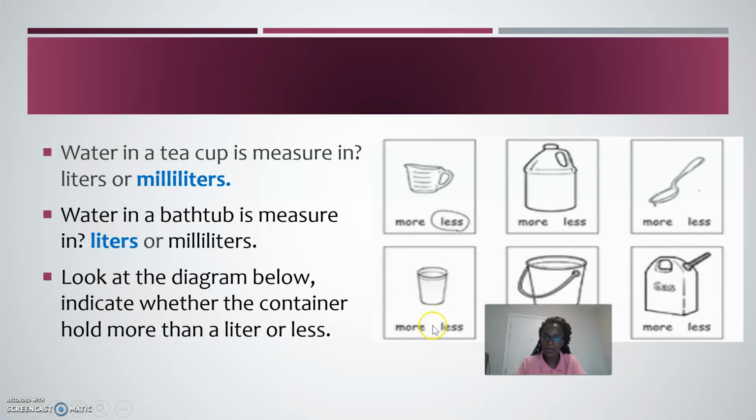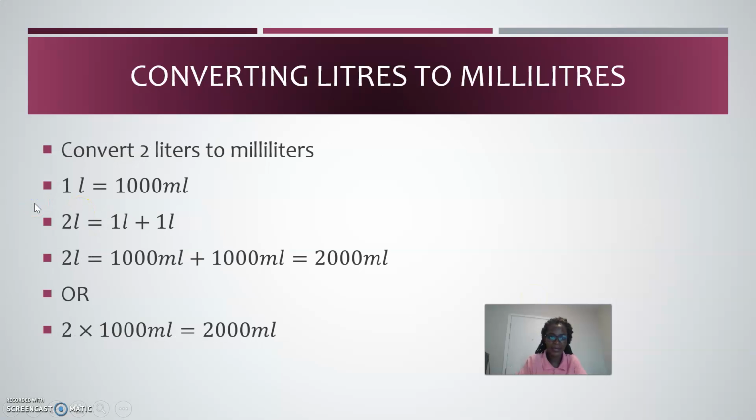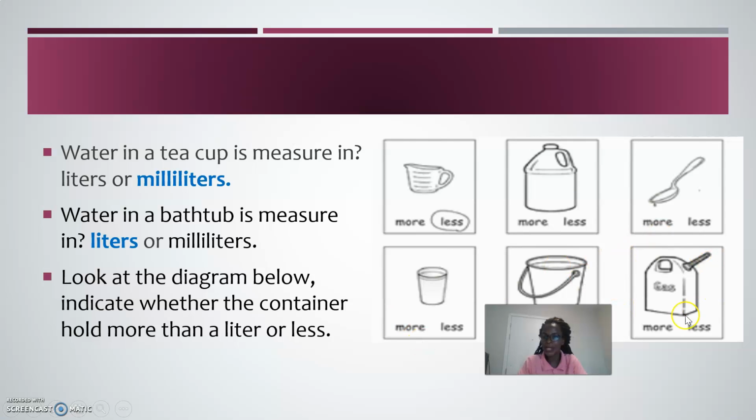The glass here is going to hold less than a liter. There's a bucket. A bucket is going to hold more than a liter, sorry. And then also this can here is going to definitely hold more than a liter. All of this is just to stress the fact that liters are more than milliliters, because this spoon you measure in milliliters, this glass you measure in milliliters, and also this measuring cup you also use milliliters to calibrate it.